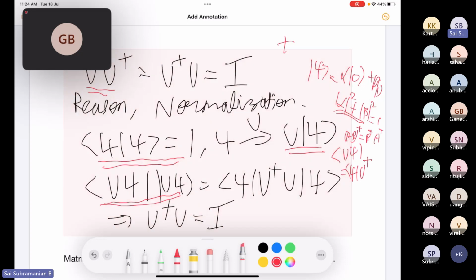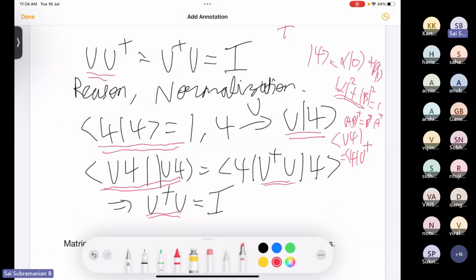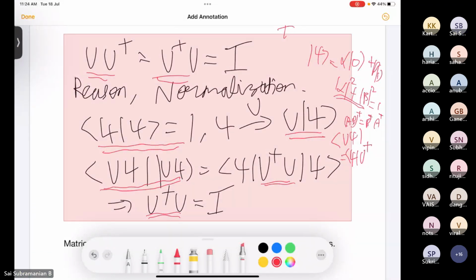That is what is happening here. That's why the dual of U psi is psi dual times U conjugate transpose. And so we have the inner product of psi with U conjugate transpose U psi. U conjugate transpose U is going to be I, the identity, so this is nothing but the inner product of psi with psi. That is the definition we gave earlier.